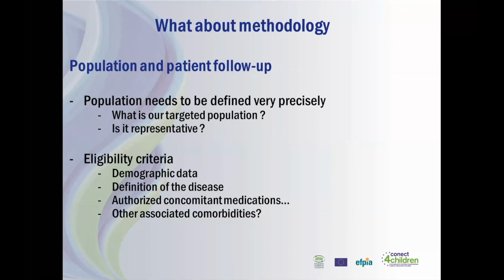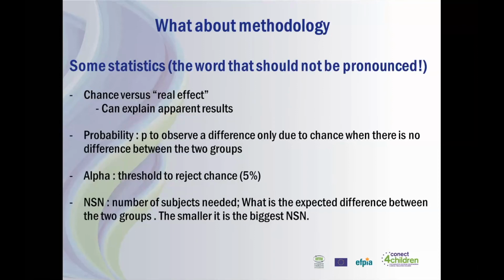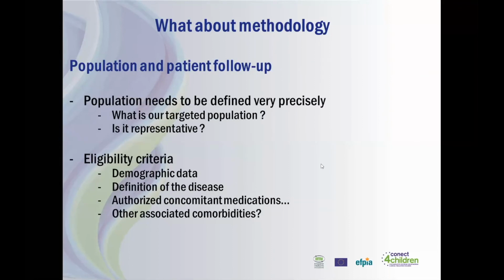So these eligibility criteria are very important to define the population and be sure that it will be representative of the patients who will receive the treatment after marketing authorization. And I would say that what's important to note here is that when needed, patients and children should be enrolled in clinical trials.